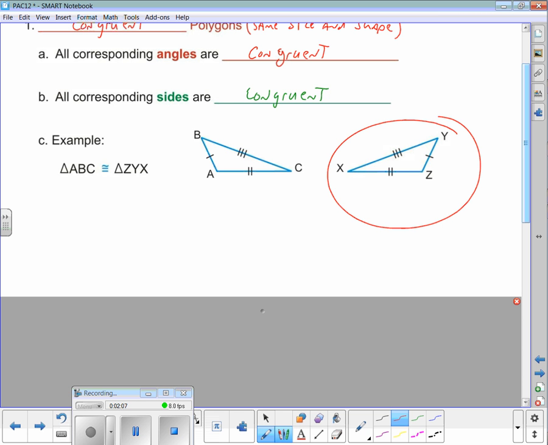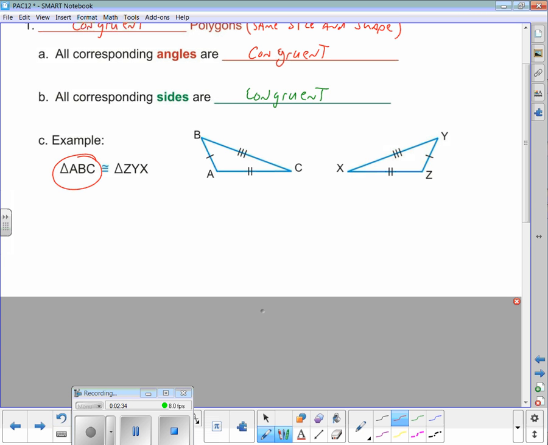This triangle is really the reflection of this triangle. You know how you look in a mirror and things are opposite, your left is your right. They're mirror images, but they're still congruent because they're both still the same size and the same shape.